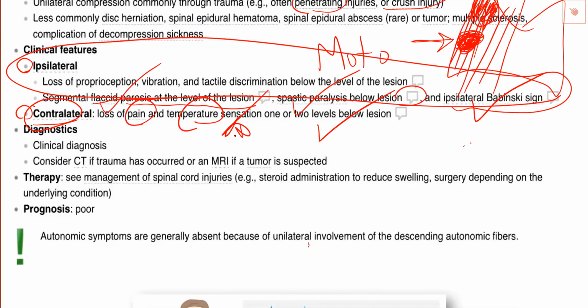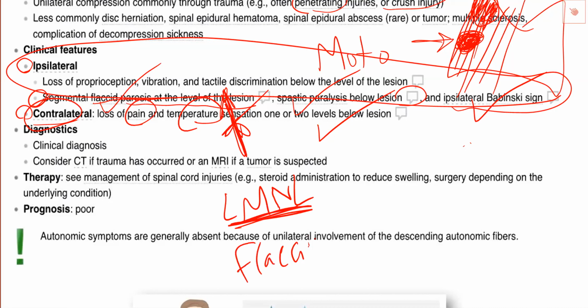Why do we have segmental flaccid paralysis at the level of the lesion? Because this is a lower motor neuron lesion, so it is flaccid paralysis. The upper motor neurons are okay above this lesion, so they still exert the inhibitory effect.